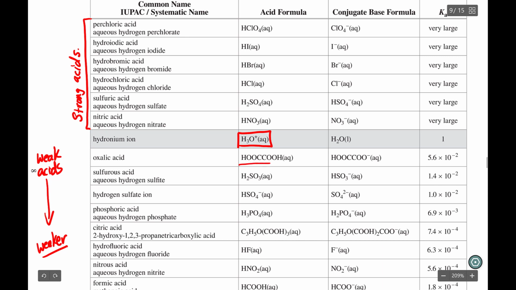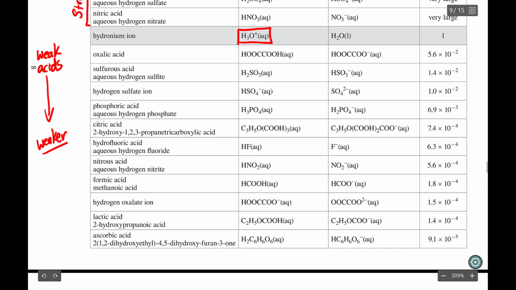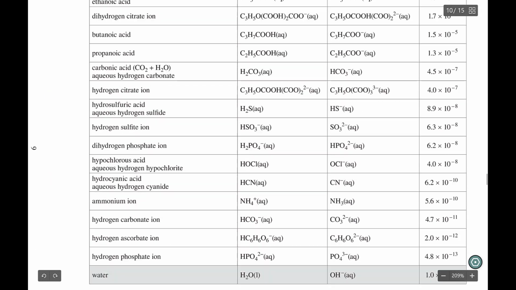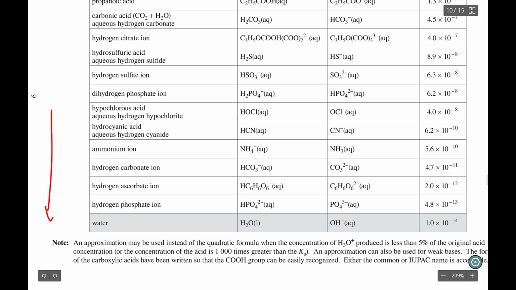Although this would be, on this chart, the strongest of the weakest acids because it has the largest value over here. Now, it gets weaker and weaker acids as you move down the table, going down to the very bottom where we end up with water, which is essentially going to be our weakest acid.